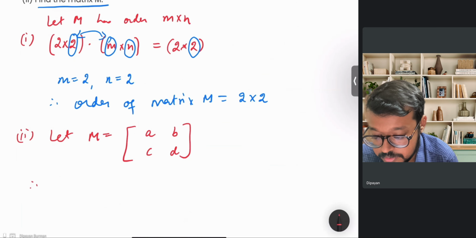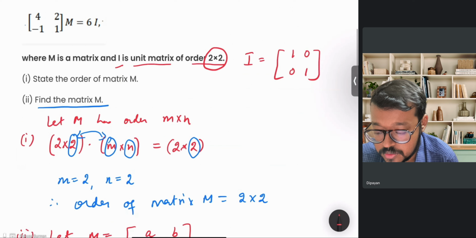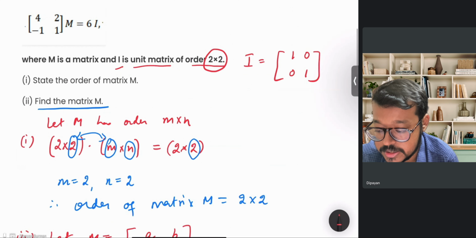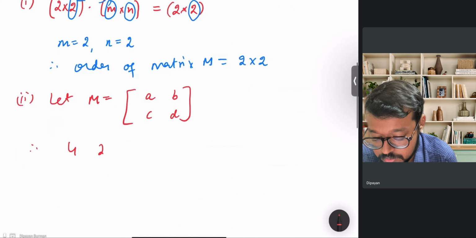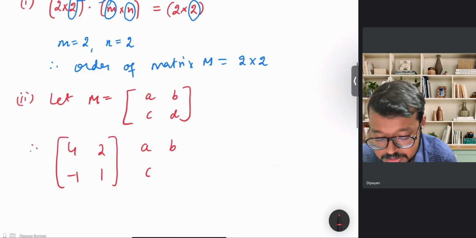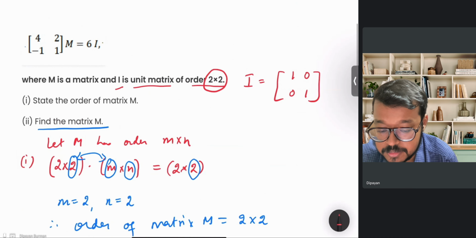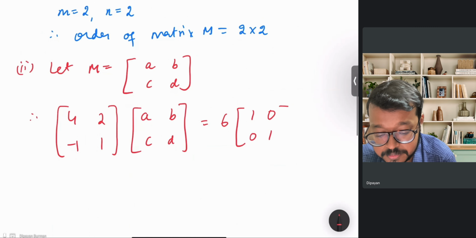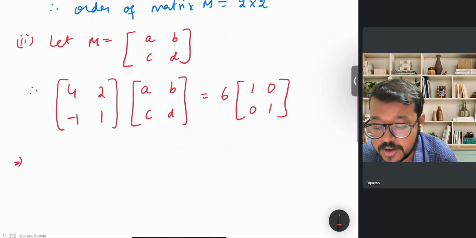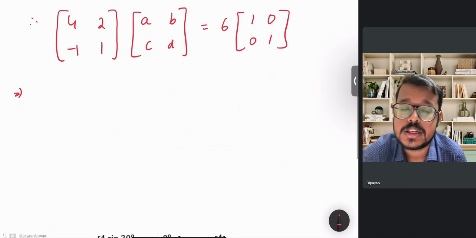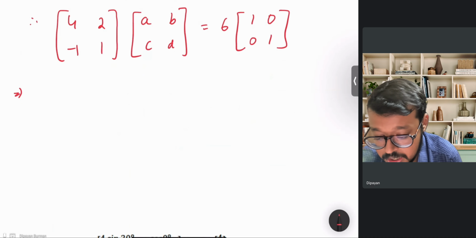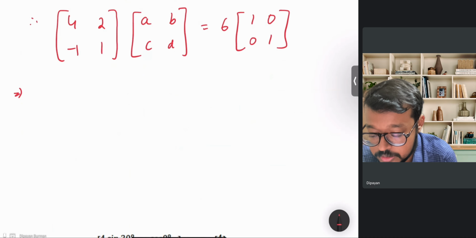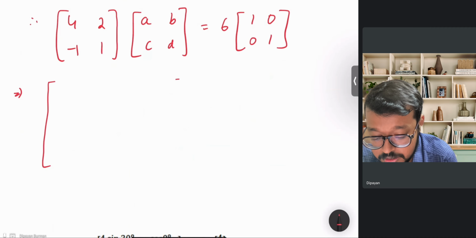So if I do this multiplication, 4, 2, minus 1 and 1, multiplied by A, B, C, D, this results in 6 times the identity matrix, 6 into 1, 0, 0, 1. Now we have to do the matrix multiplication on the left side carefully, and we know that it will result in a 2 by 2 matrix.